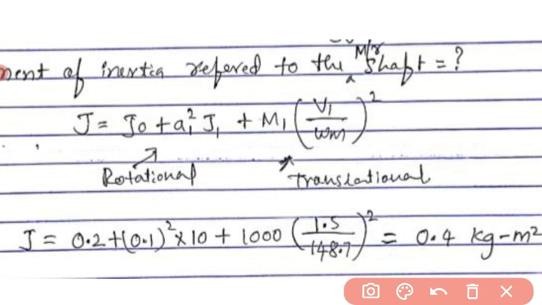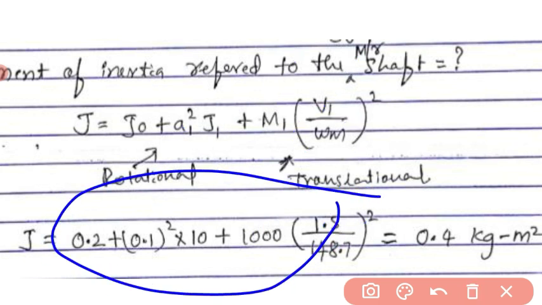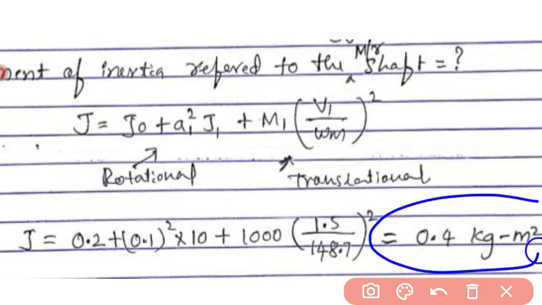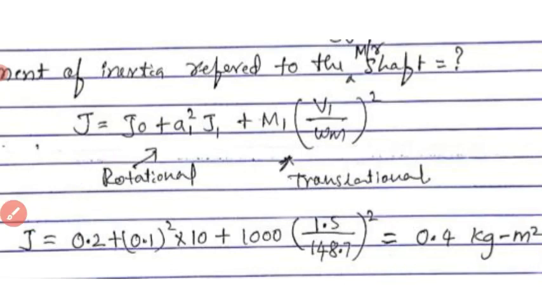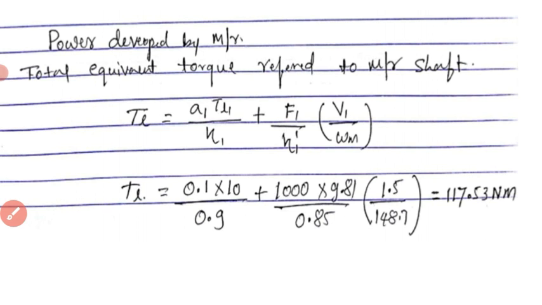If you calculate this, you will get 0.4 kg meter square. J is obtained. Now the torque we will obtain with the help of this equation.